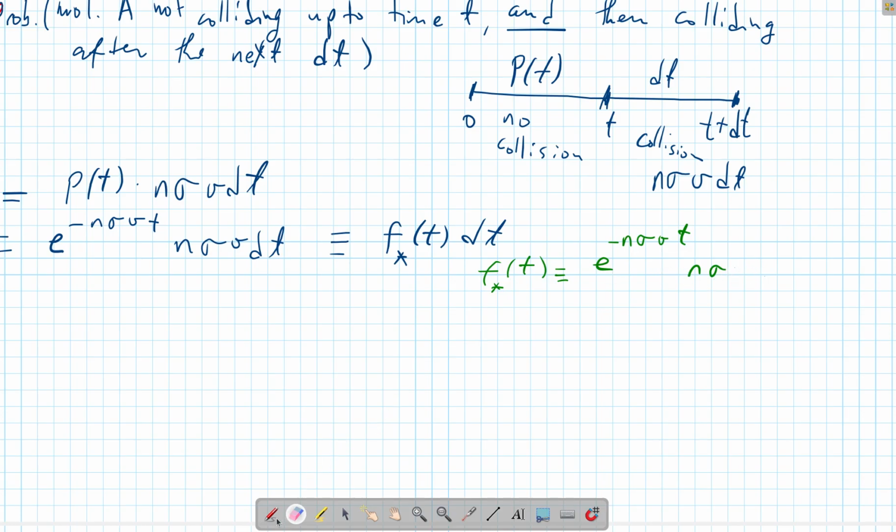This is going to be useful, we can use it later, and one can see that all such probabilities sum to 1.